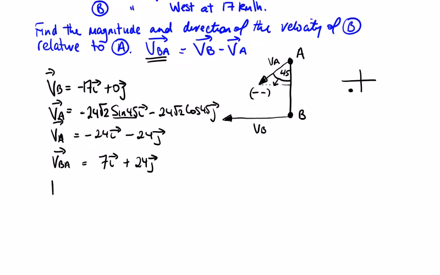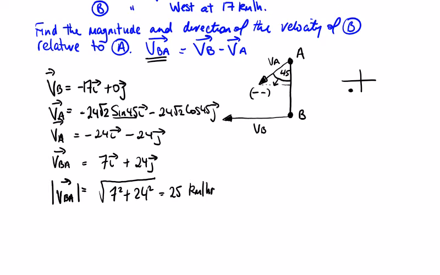The magnitude of the velocity of B relative to A, this works out evenly as well. We had this in one of the other relative velocity questions. The square root of 7 squared plus 24 squared is 25 kilometers an hour. One of your Pythagorean triples.